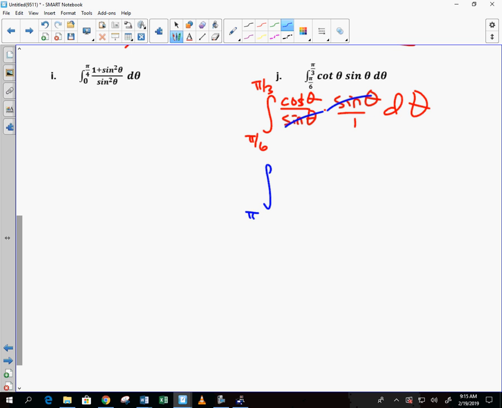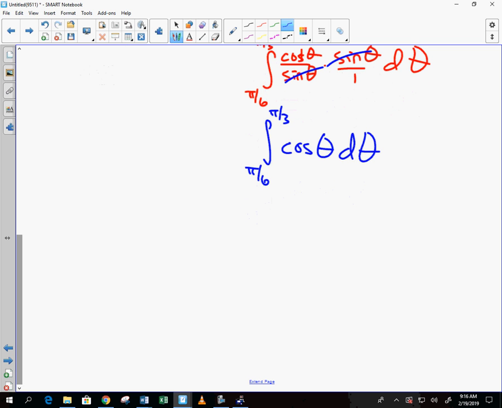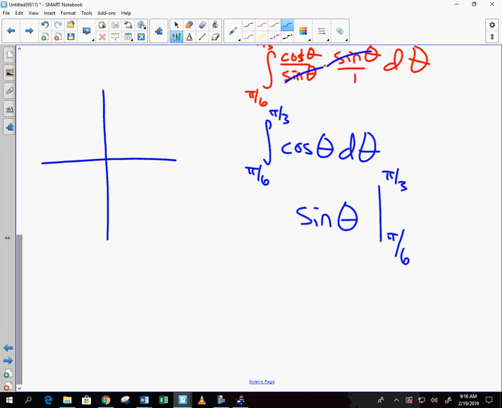Integral pi over 6, pi over 3, cosine of theta, d theta. What is the antiderivative of cosine? Positive sine. Evaluated pi over 3, pi over 6. Go to the circle of life. 60 degrees.